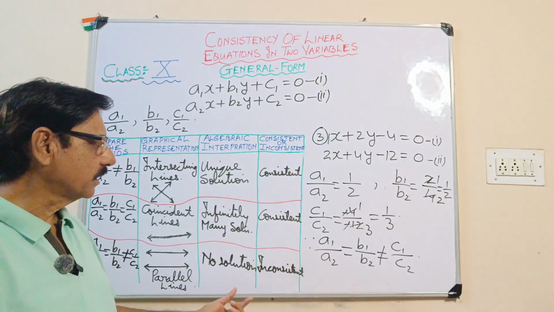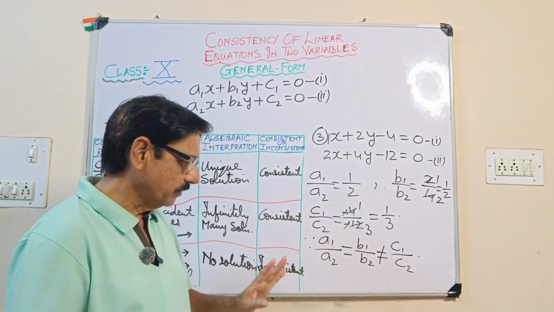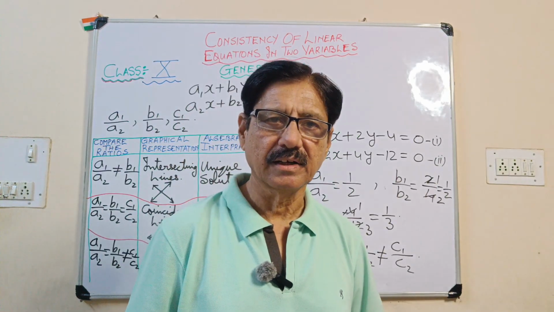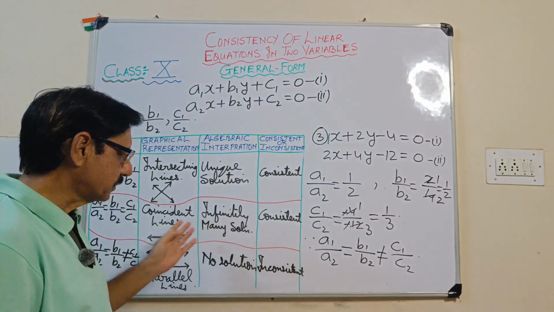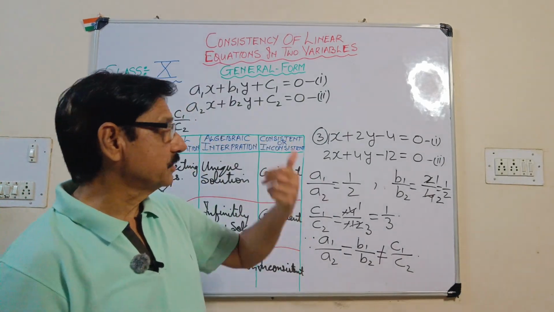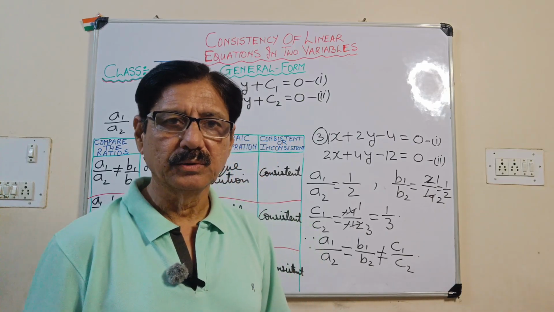And when we are getting solutions, they are consistent. When we are not getting a solution, the pair of linear equations is inconsistent. I hope that with these three examples, how to check the consistency of linear equations in two variables will be very clear to you.